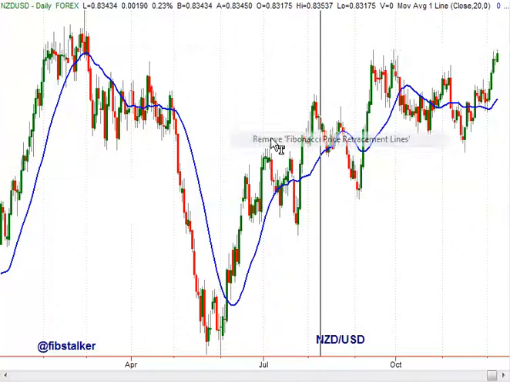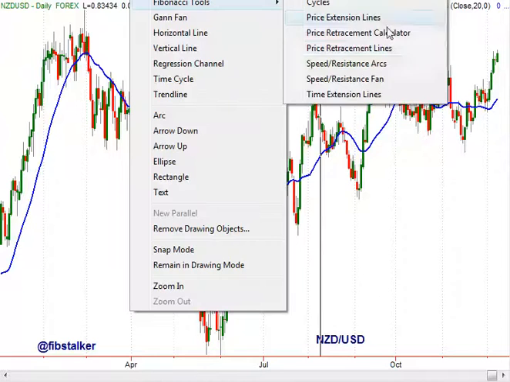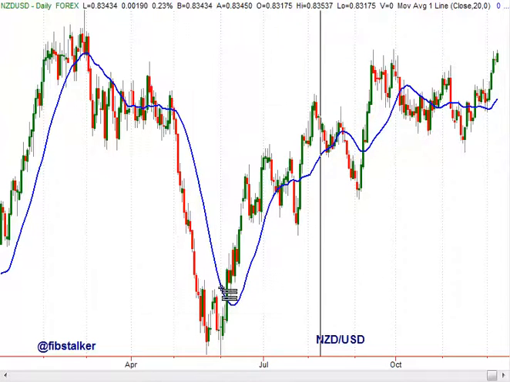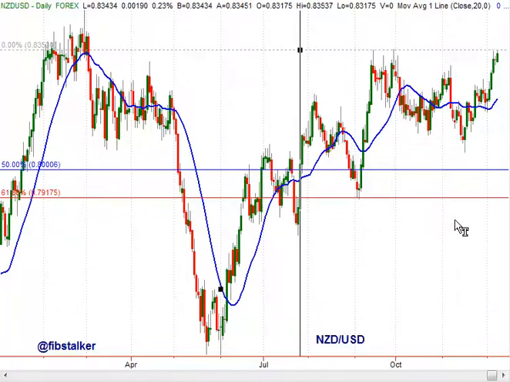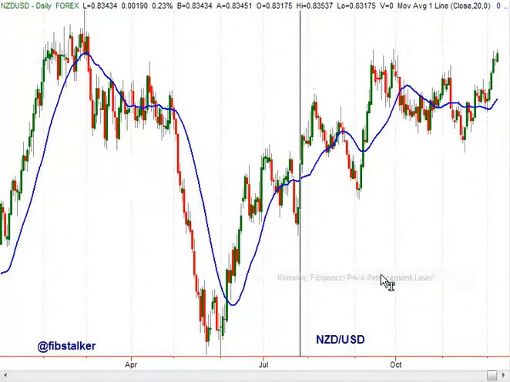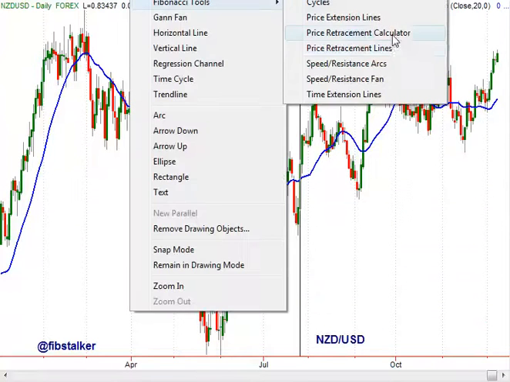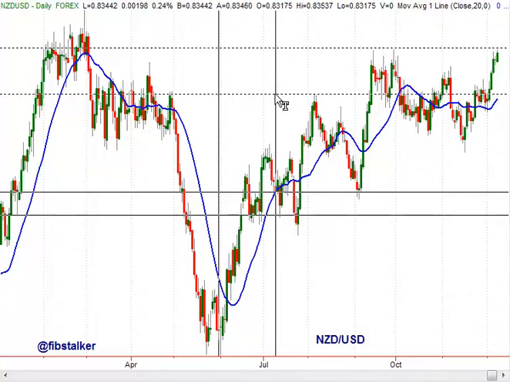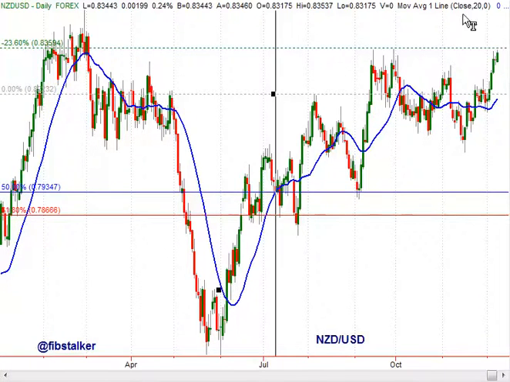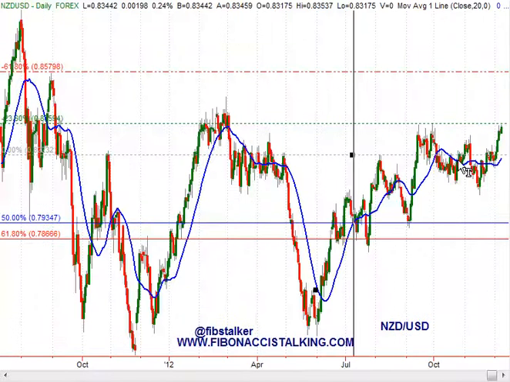So technically the price is still in extensions. Sorry, it's not this draw, it's the previous draw, and it's still in this move. It hit the first target, and it has the potential to keep moving higher into the 85.70 area of target.